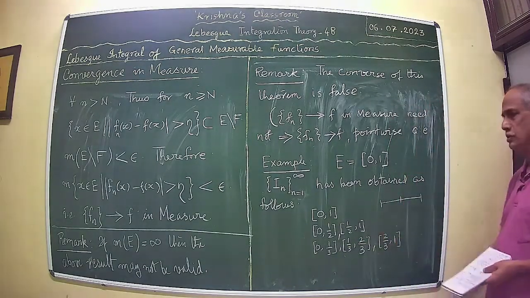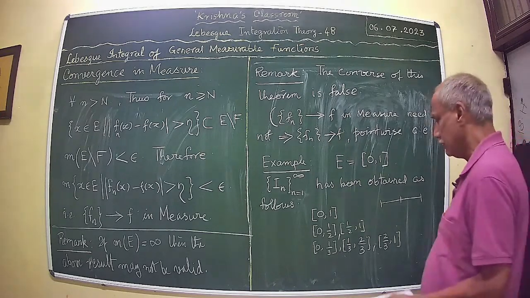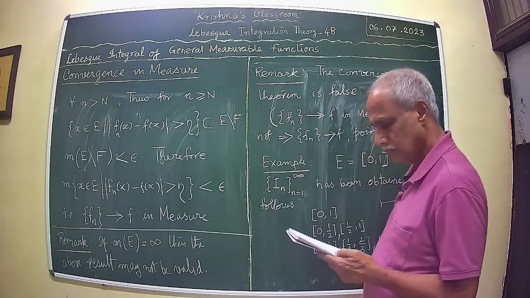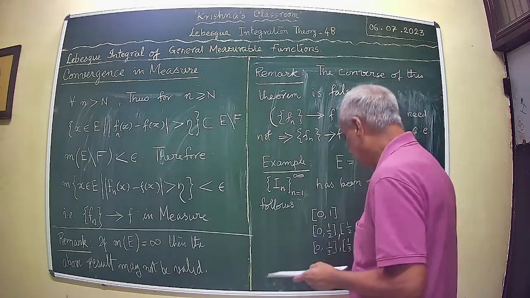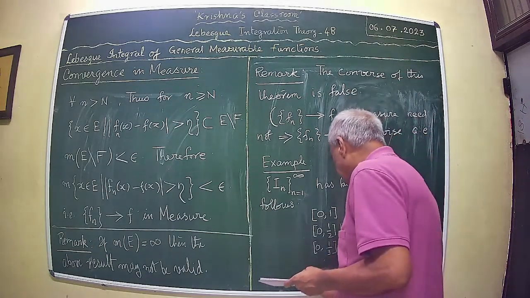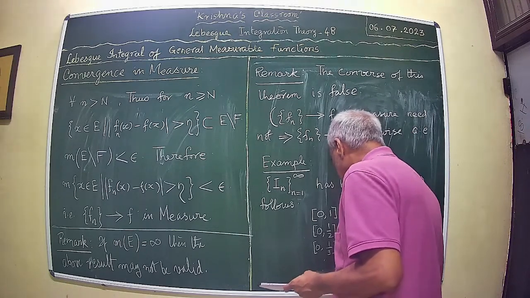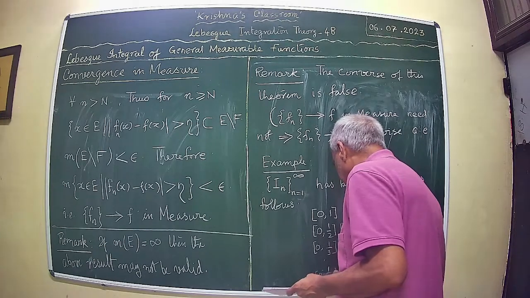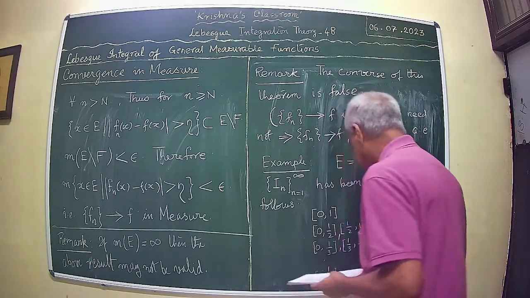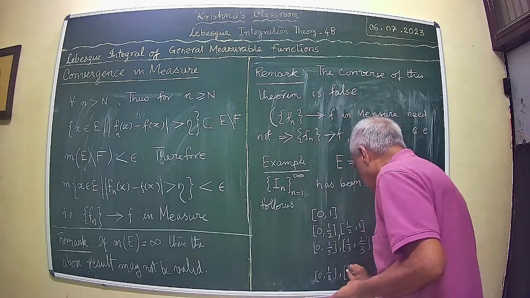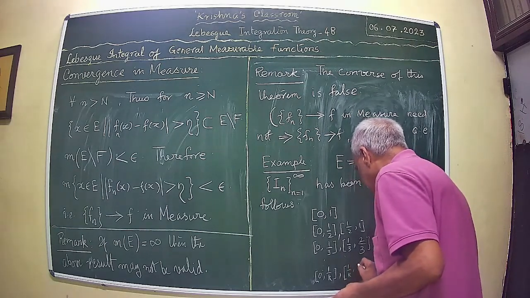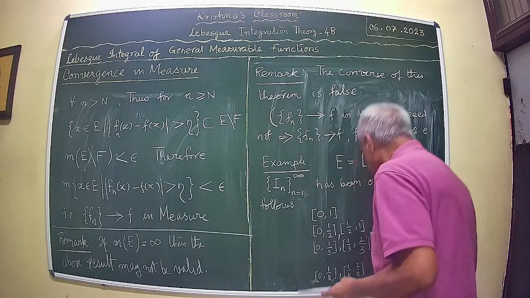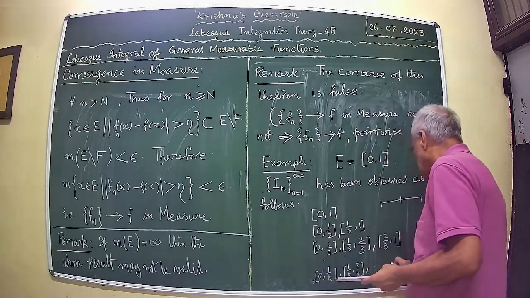That means you split this into three equal parts. And then eventually, the kth step would be to divide this into 0 to 1 by k, 1 by k to 2 by k, and so on.